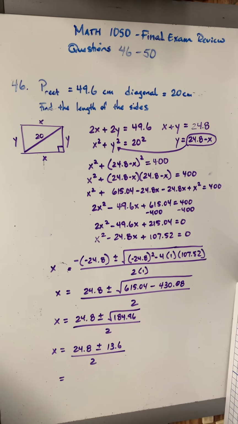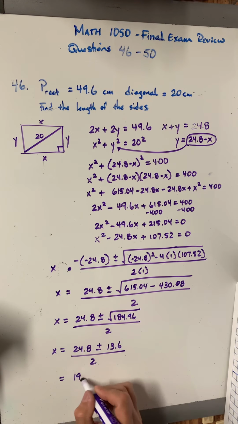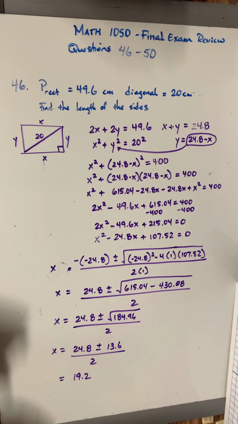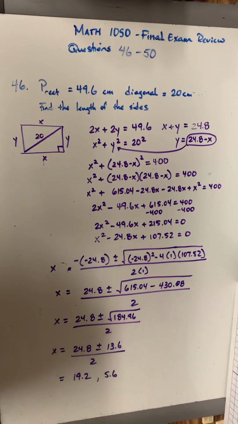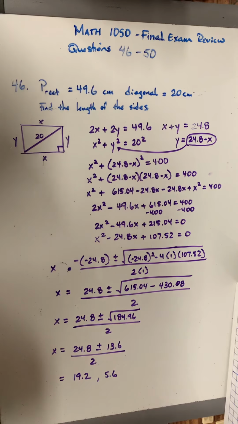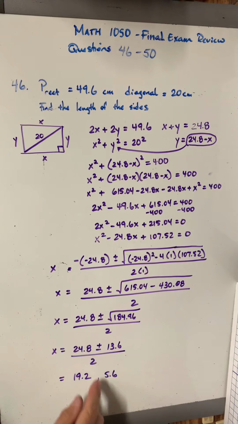So 24.8 plus 13.6 divided by 2 gives me 19.2, and 24.8 minus 13.6 divided by 2 gives me 5.6. So I get two answers because I have two different lengths of sides: one of them is 5.6 and the other one is 19.2.